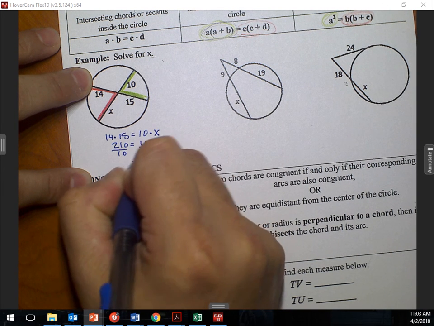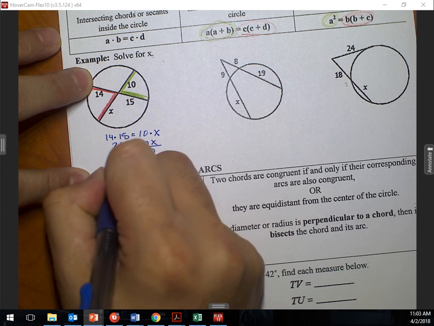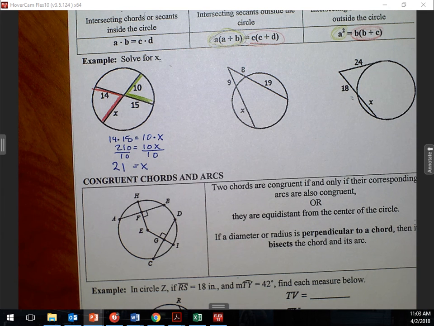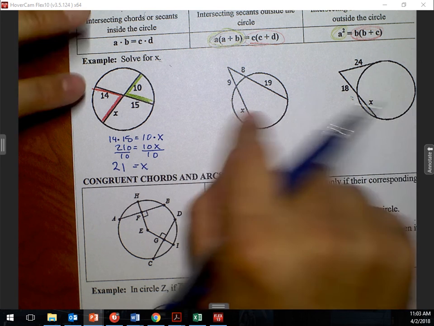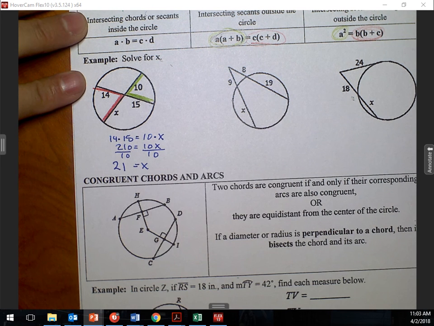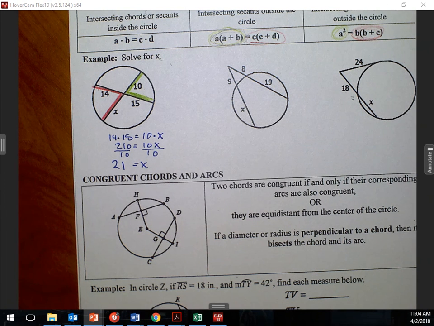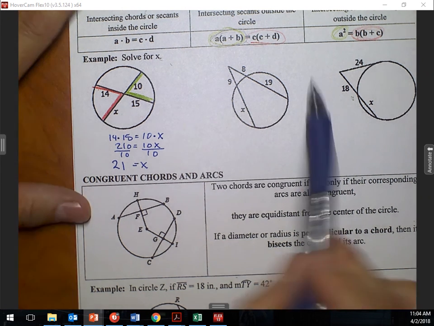So x is 21. There we go, right? It's not bad, right? Anyone have any questions on this one? Anyone have questions on that one?